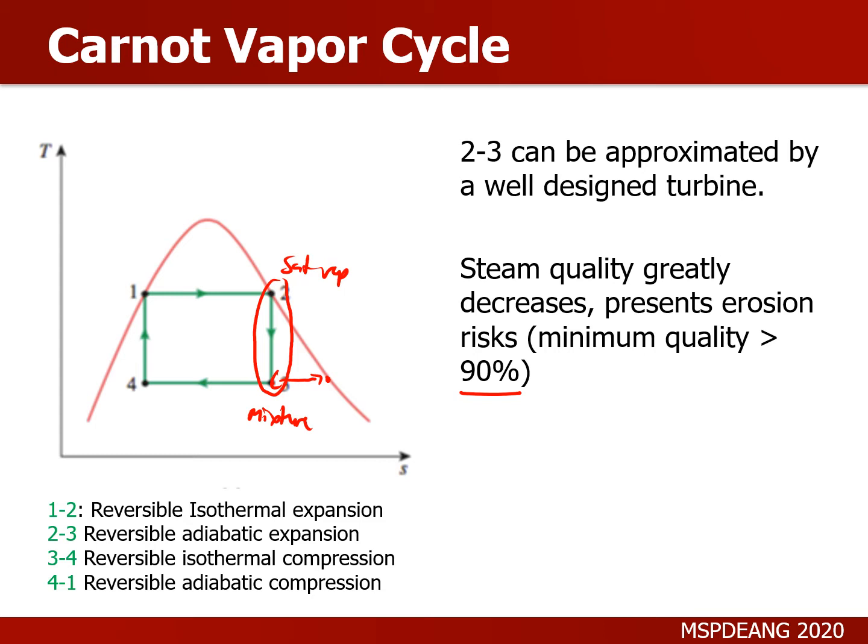So hindi tayo pwede bumaba sa 90% steam quality. So siguro, kung 90% steam quality, banda dito lang yan, by approximation. However, tinaasan mo yung lower temperature ng Carnot cycle, bababa yung thermal efficiency natin ngayon. So, meron siyang drawback pag gusto mong iangat para maging 90%.